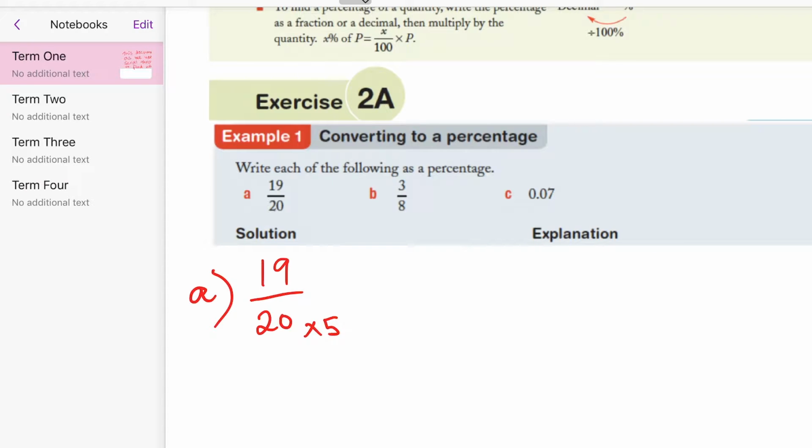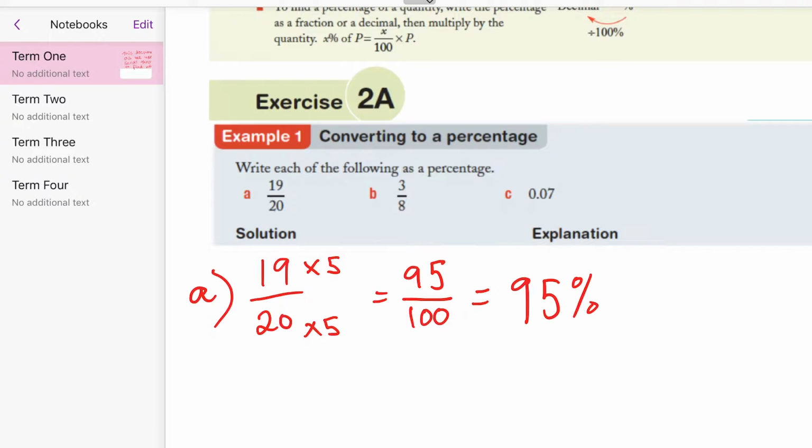With fractions, remember it's what you do to the bottom, you do to the top. So if I'm multiplying the bottom by 5 to be 100, if I go 19 times 5, that will end up being 95 over 100, which in turn allows me to know that it's 95%.